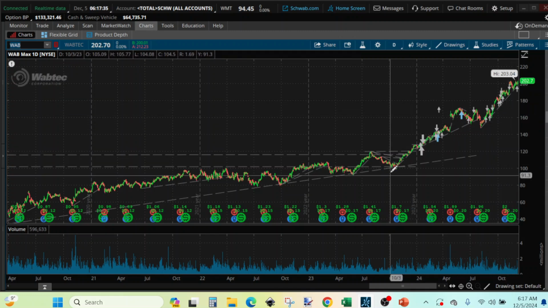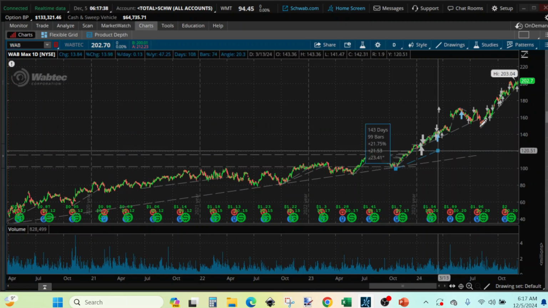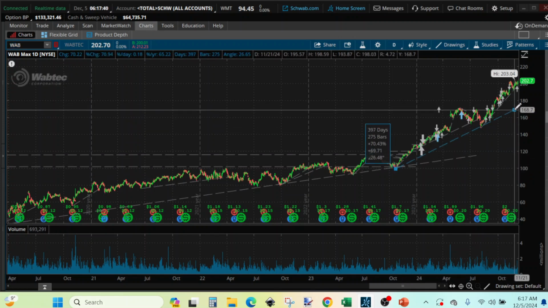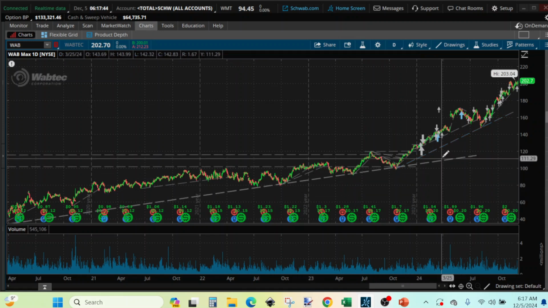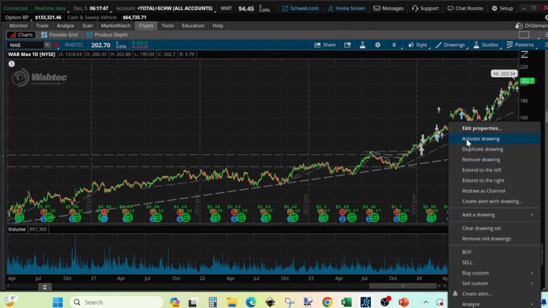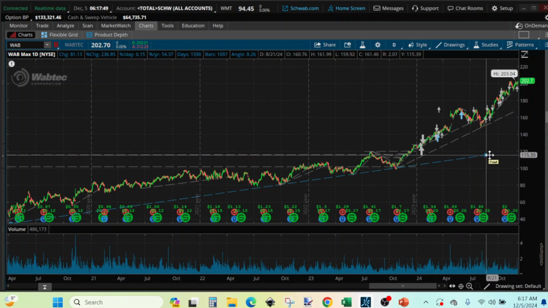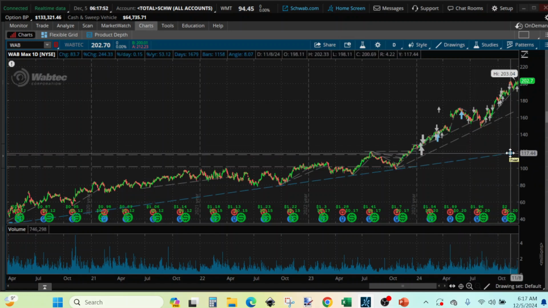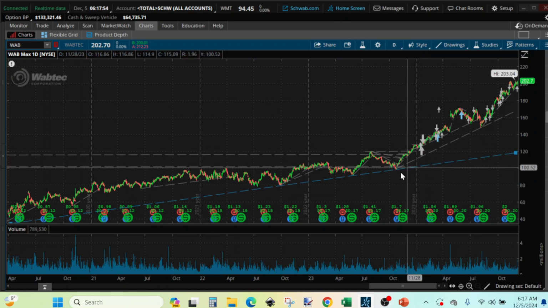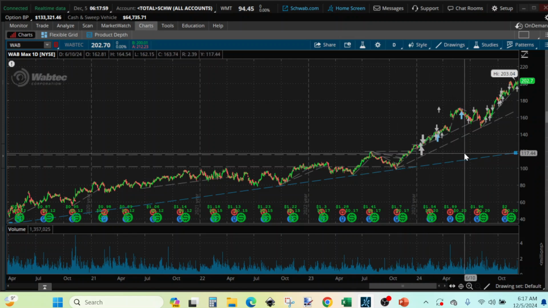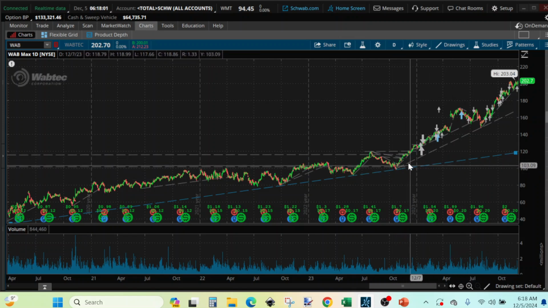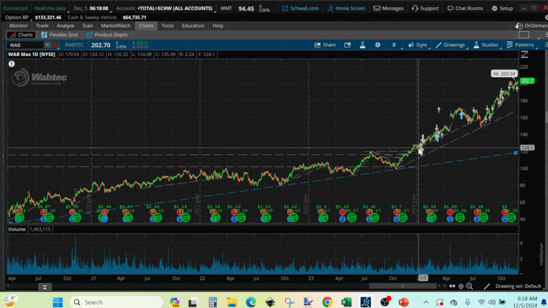So this one, let's see if this can have multiple touch points. Not really. This one has multiple touch points. And here is October 2023, and what is December? Here is December.